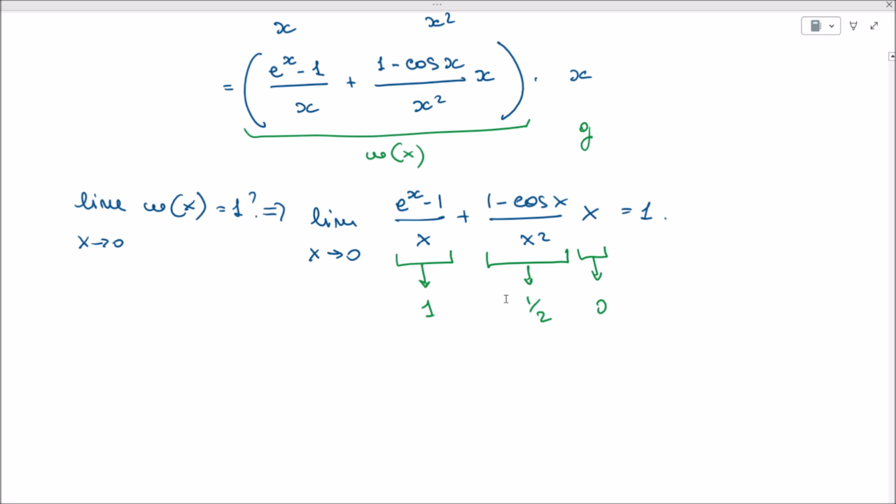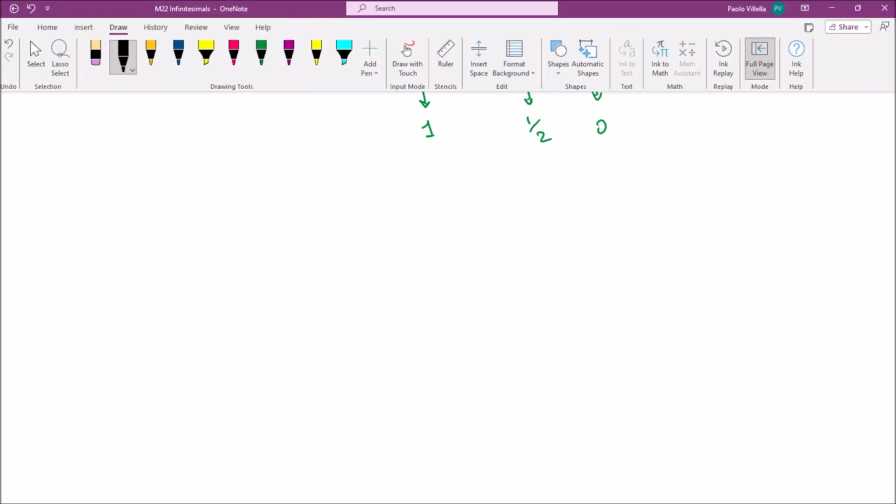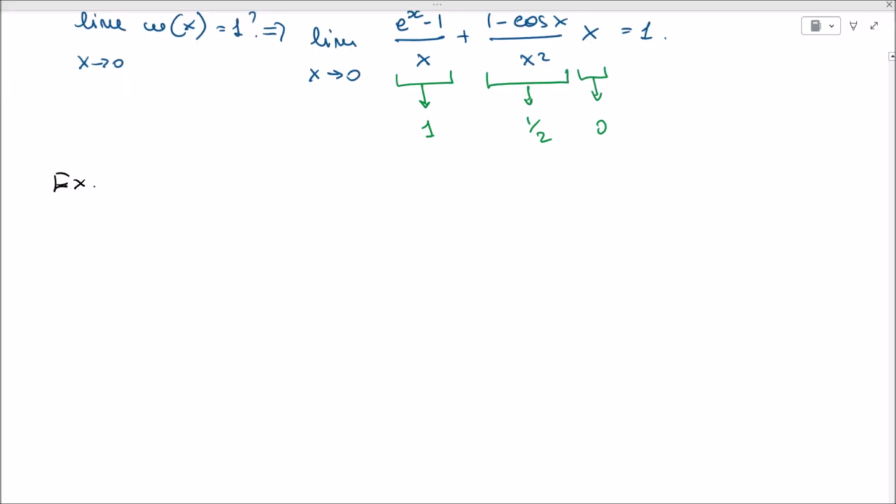All right. Another example of asymptotic equivalence. Example 3. Let's suppose this is a more general kind of result. So let's suppose that f of x is little o of g of x for x that goes to x naught.